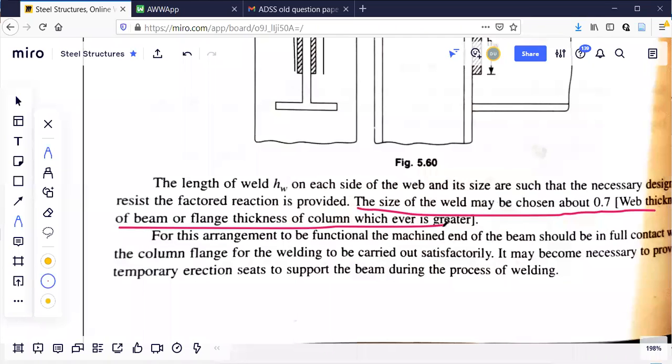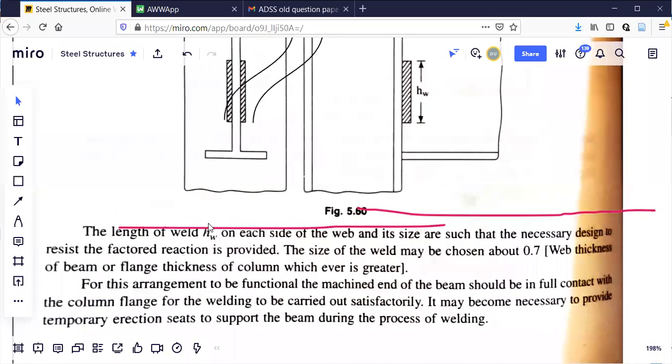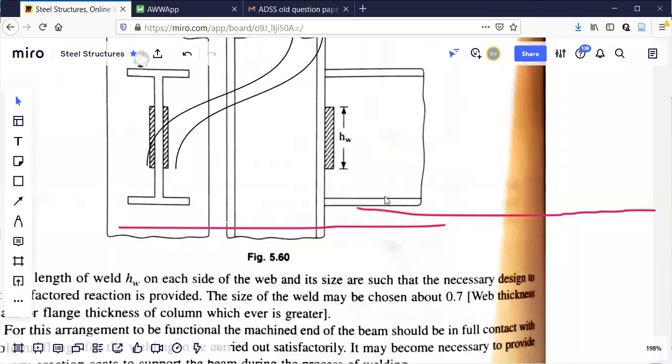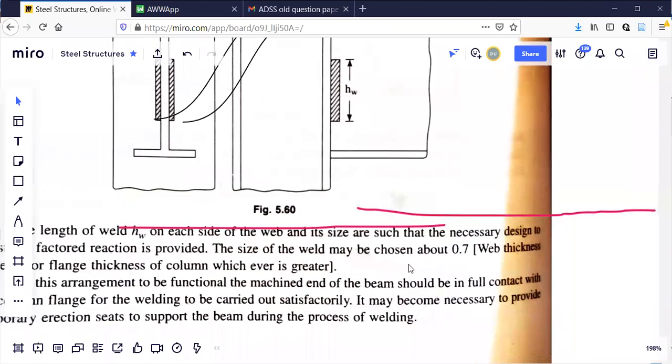Now, what it means here is, you can see here. See, the web of the beam is connected to the flange of the column. Are you following this? The web of the beam is connected to the flange of the column here. In connection with that only, this note is there.